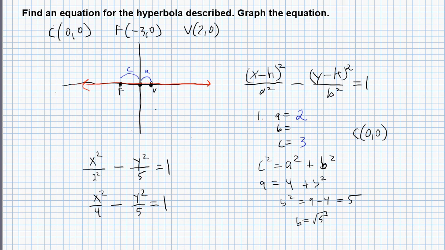Now, let's go ahead and plot the rest of the points. With hyperbolas, we also have to calculate the location of the asymptotes. So a is 2, so there has to be another vertex point at -2, 0. To neaten this up, we'll get rid of these marks here, we don't need them anymore.